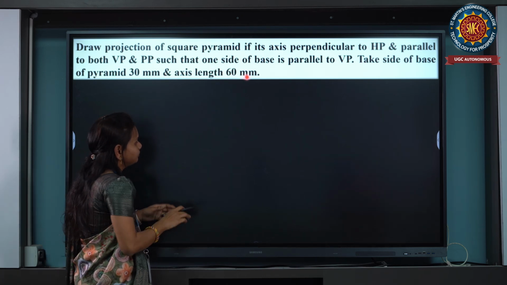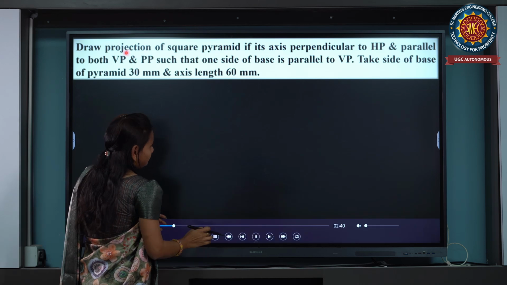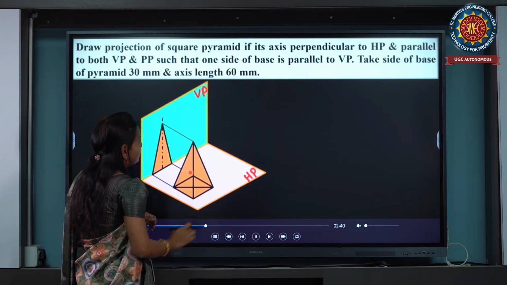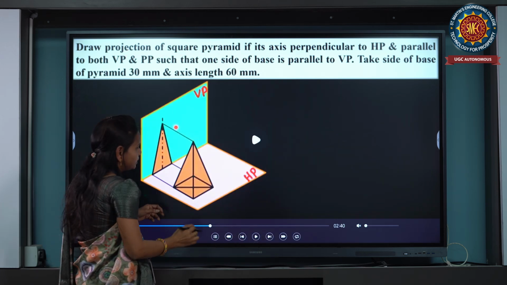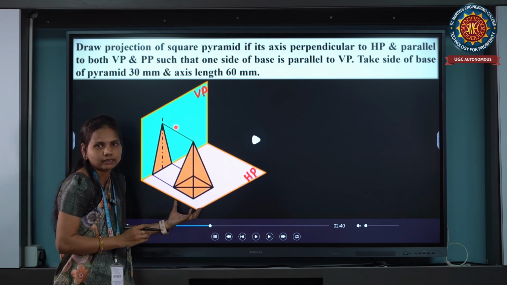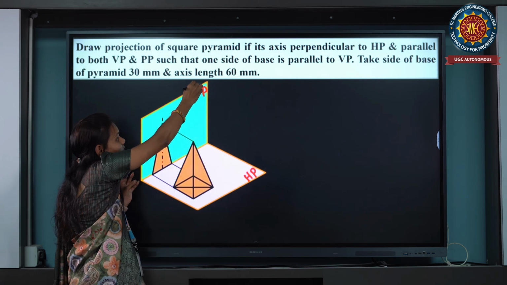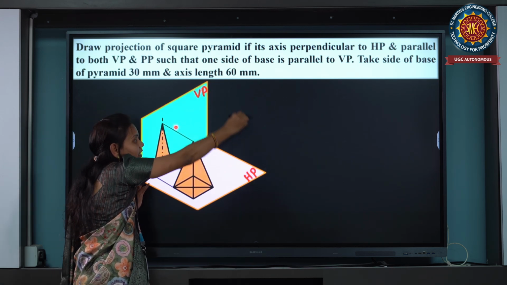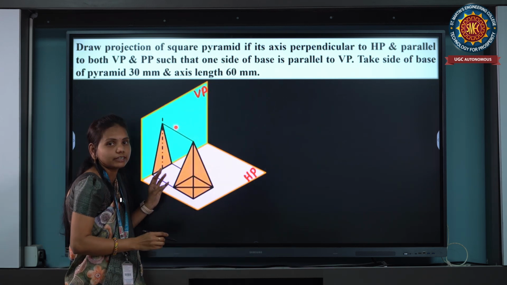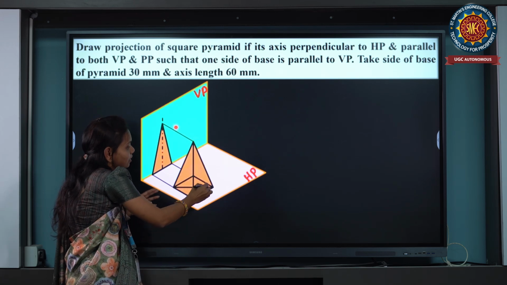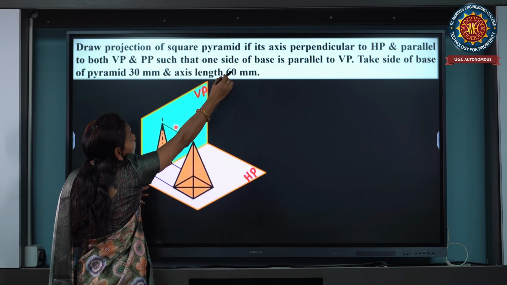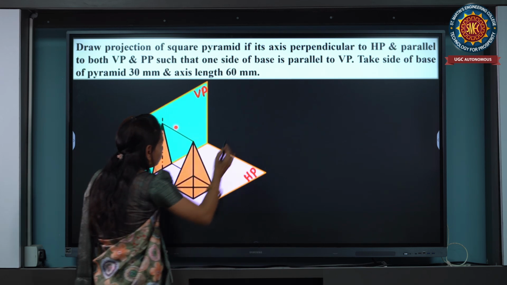So this is the diagram, and this is the position of the planes. So see here the HP plane, right? We say here the VP plane. So here we will get the profile plane. So see what condition is being asked here.